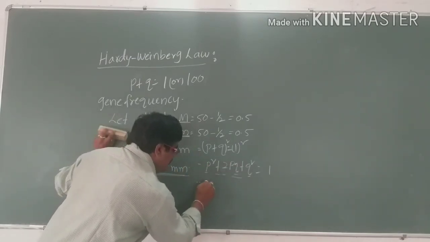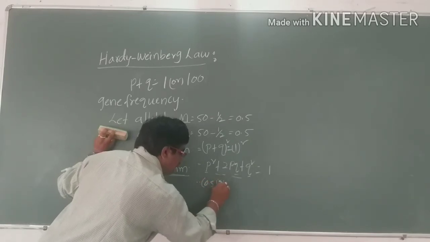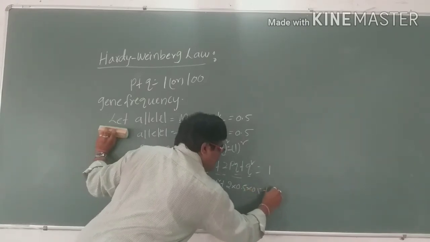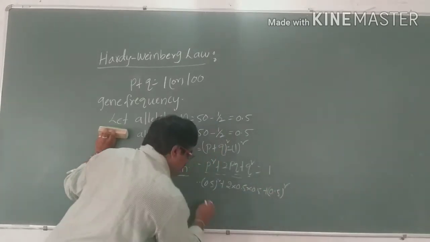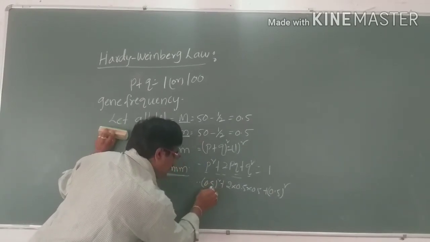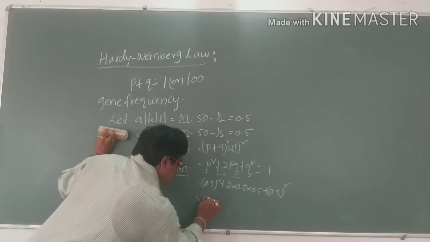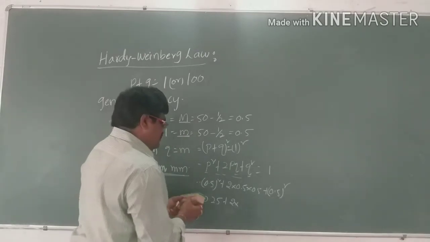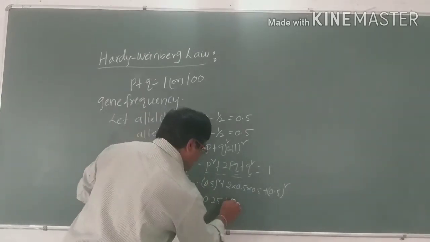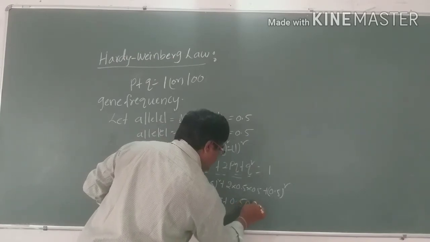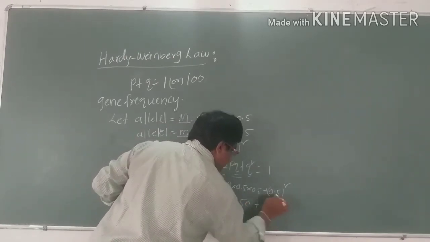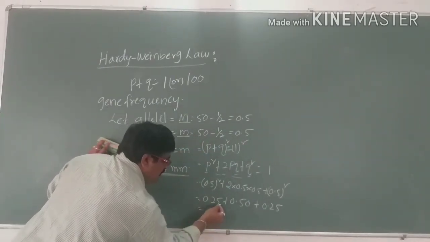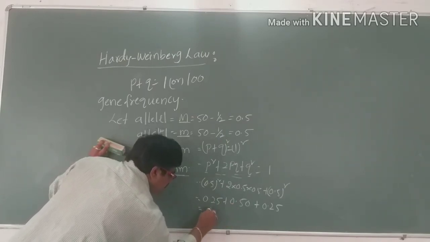So if we substitute 0.5 whole square plus 2 into 0.5 into 0.5 plus 0.5 whole square is equal to, 0.5 into 0.5 gives 0.25, plus 2 into 0.5 into 0.5 gives 0.50, plus 0.25. So when we calculate, 0.25 plus 0.50 plus 0.25 is equal to 1.